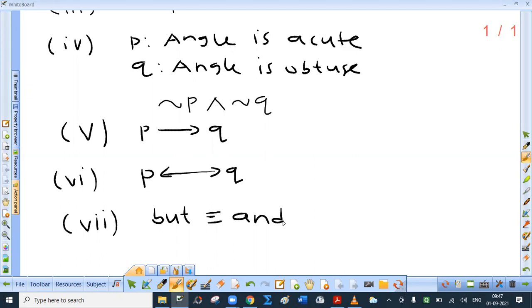Or you may also say, write down, let P denote X is not an irrational number, Q, it is a square of an integer.